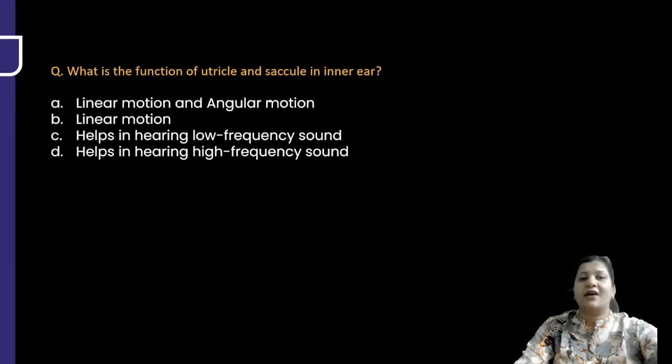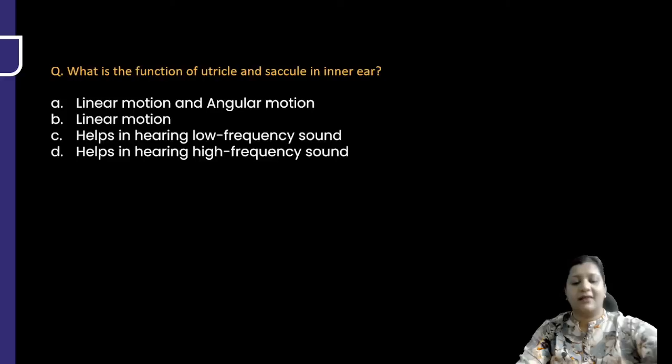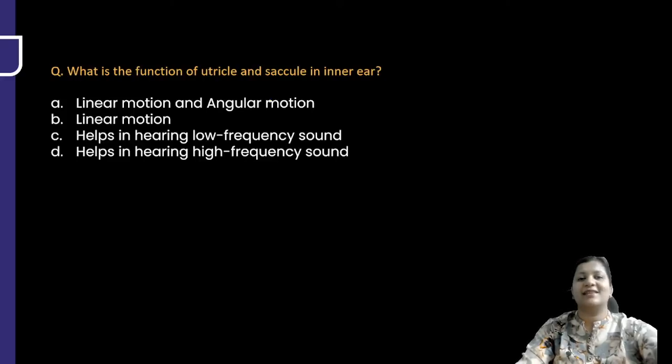Okay, what is the function of utricle and saccule in the inner ear? Linear motion and angular motion. Linear motion helps in hearing of low frequency sound, helps in hearing high frequency sound. What is the function of utricle and saccule?